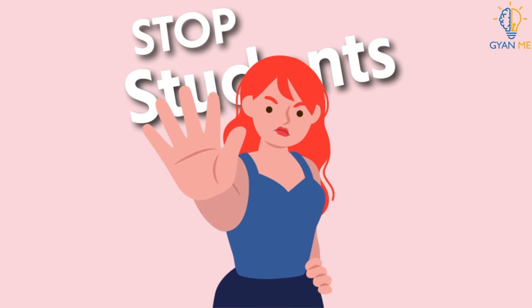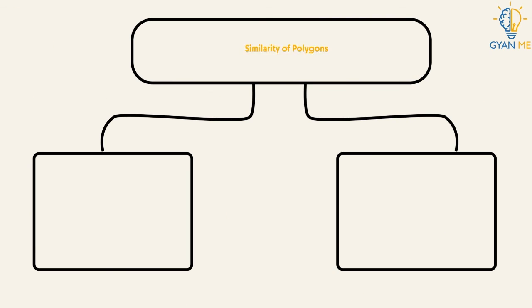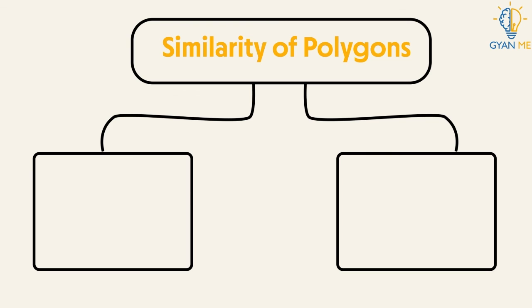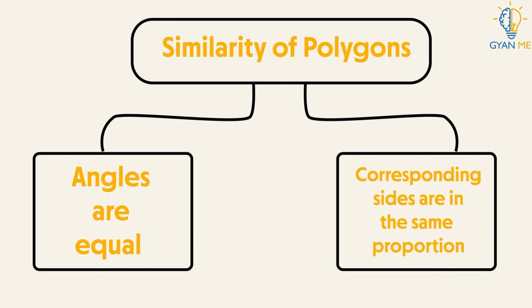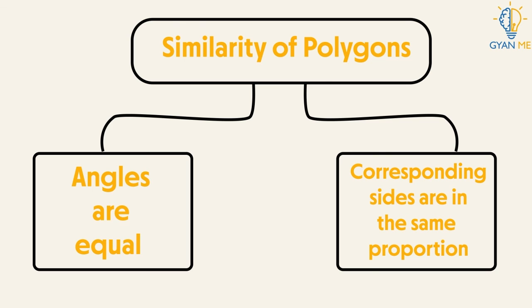But stop students, and note one very important point. For checking the similarity of polygons, we have to check both the conditions, namely, both the corresponding angles should be equal and the corresponding sides should be proportional.